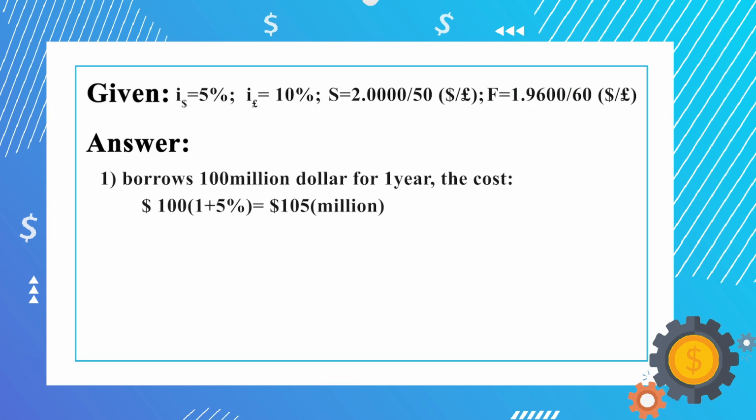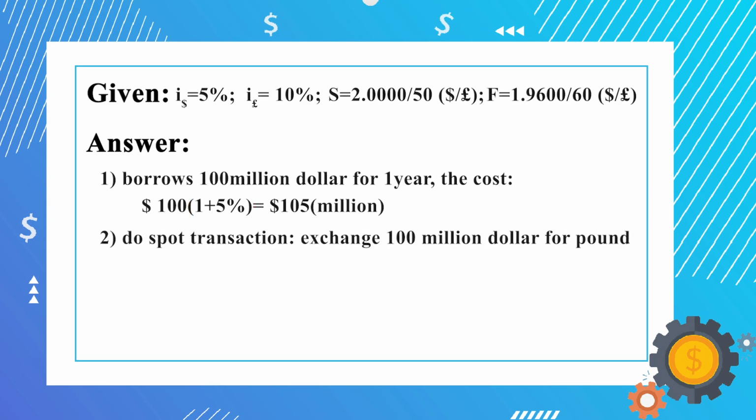The question can also be solved step by step. The first step: borrow $100 million for 1 year. The calculation of the cost is as follows. We omit million when doing the calculation. $100 multiplied by 1 plus 5% equals $105 million. The second step, do the spot transaction.